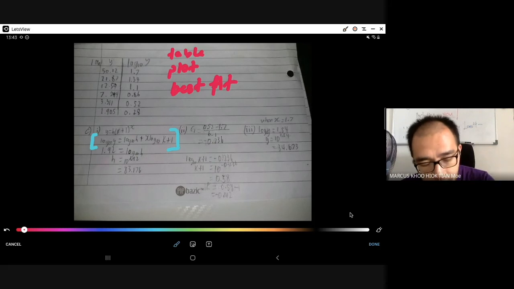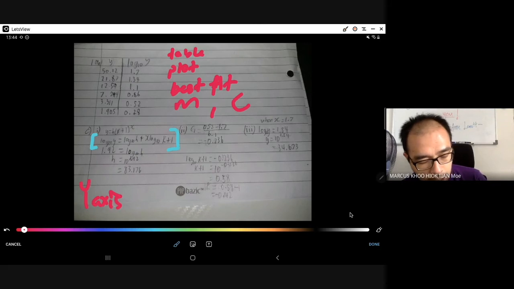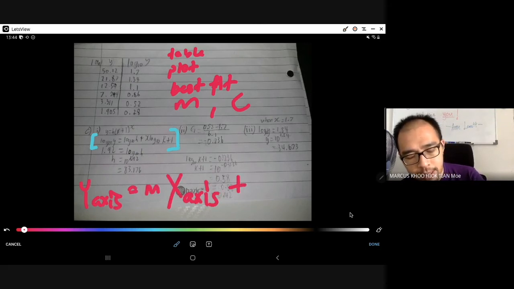Then you must be able to find the gradient and determine the y-intercept. And then from there, you write the equation of the straight line: y-axis equals m x-axis plus c.